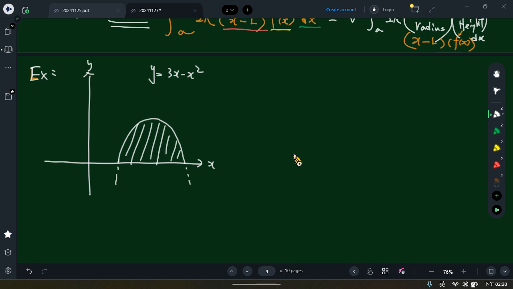But again, if the rotation axis is the x-axis, or any axis parallel to the x-axis, you can just use the disk method or washer method. For example, if the rotation axis is here, you can just use the disk method.